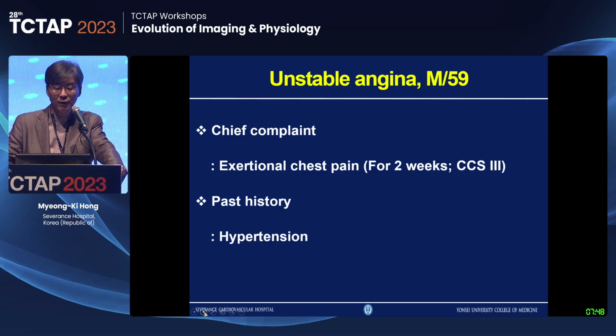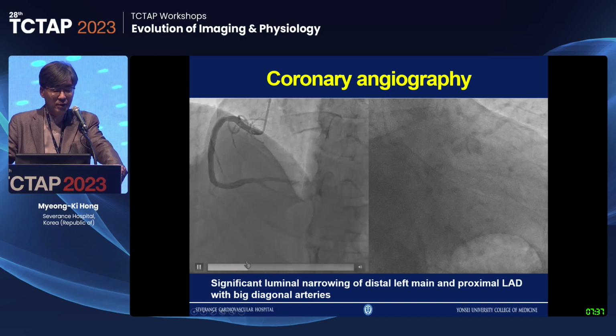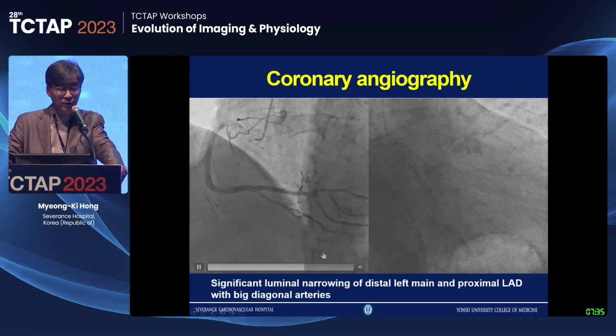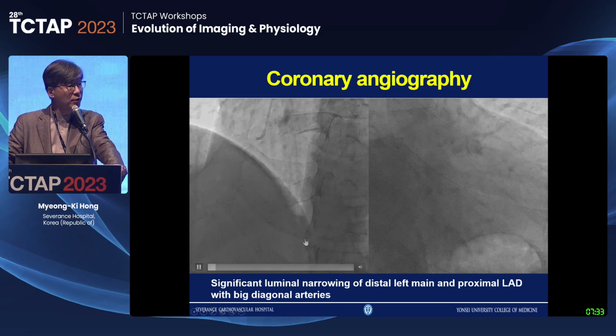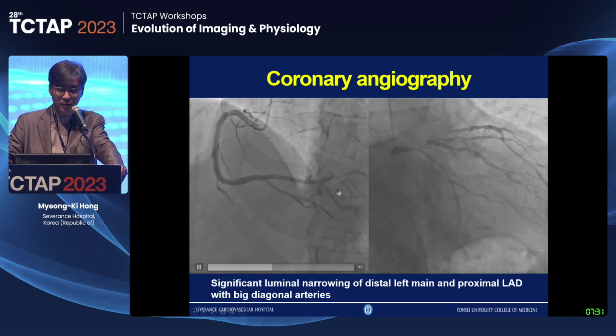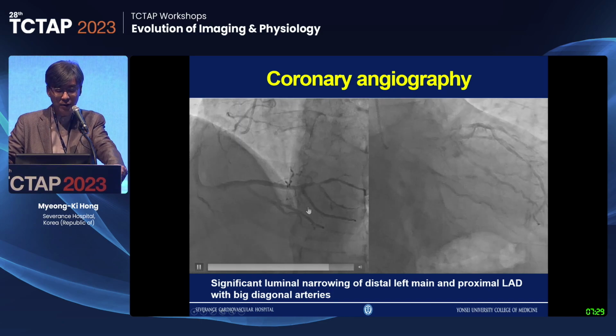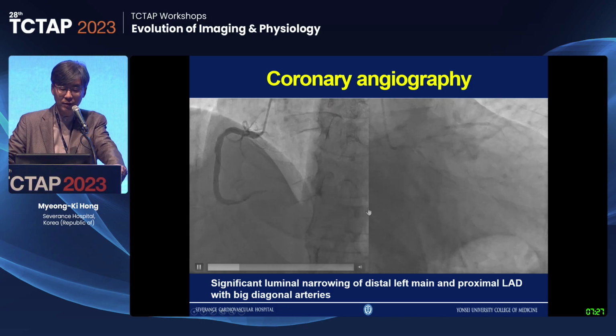The patient is a 59-year-old male who complained of exertional chest pain, with only a history of hypertension. This is the angiogram of this patient. In the right coronary angiogram, the vessel is quite large, with some narrowing in the far distal part of the posterolateral branch.